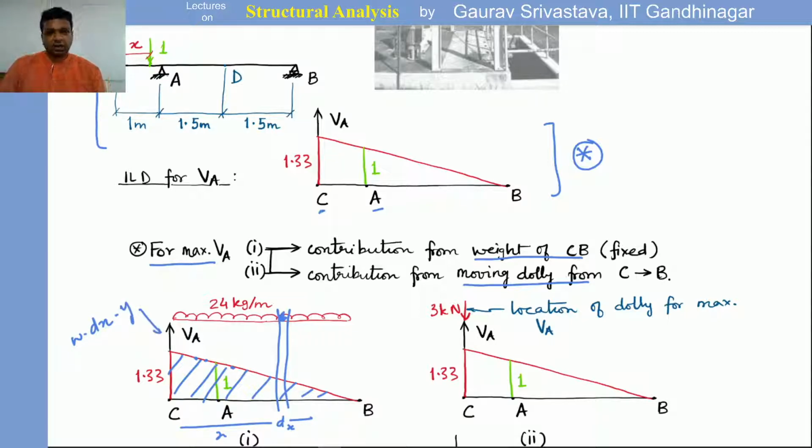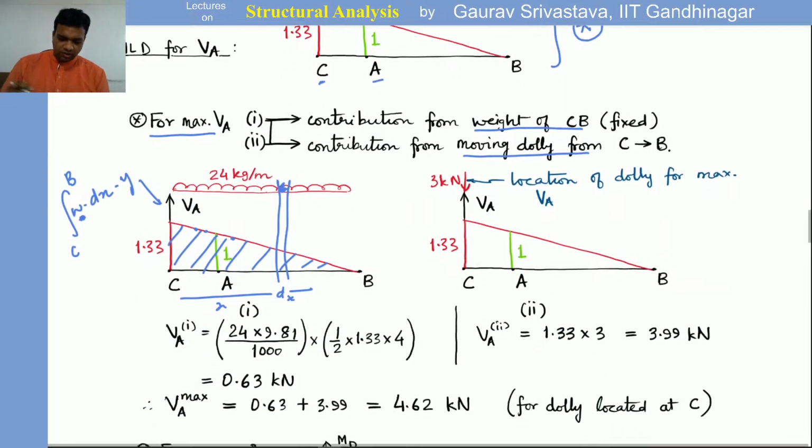And when you go from C to B, the total vertical reaction will be just the integral of this. Now W being constant will go out, so this is just the integral of y dx, which is the area under the curve. So for y we can substitute in terms of x and integrate, but the bottom line is that it is just the area under the curve.